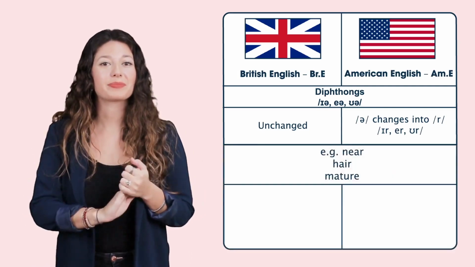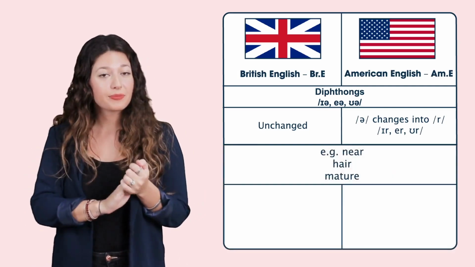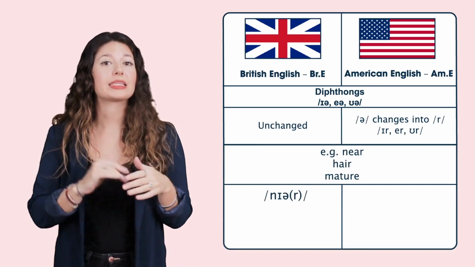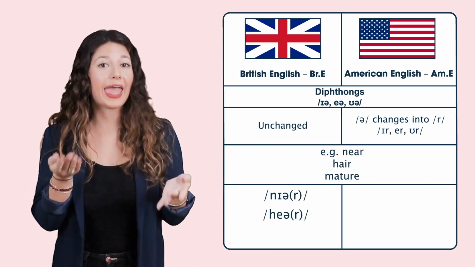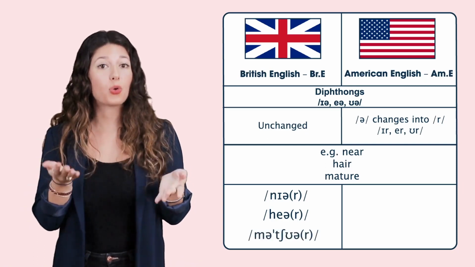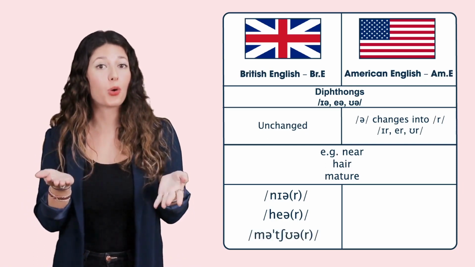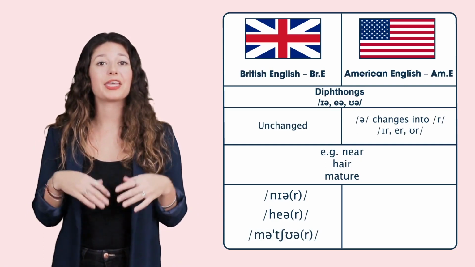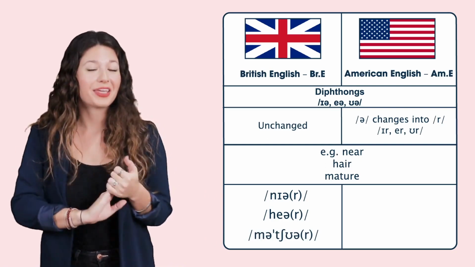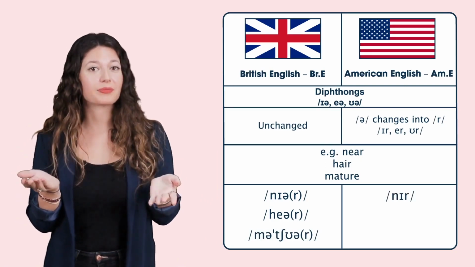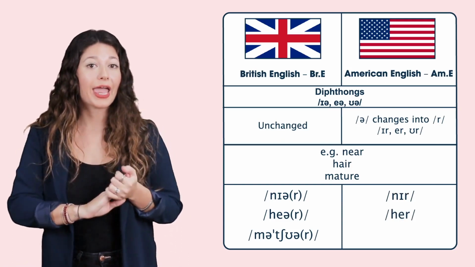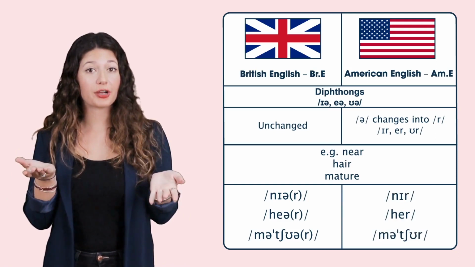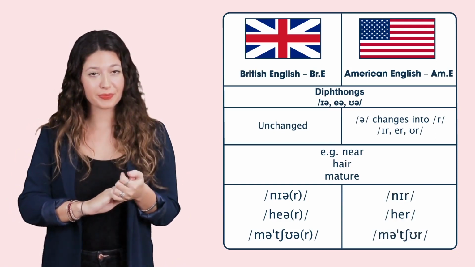For example, in British English, you hear near, hair, mature. In American English, you hear near, hair, mature.